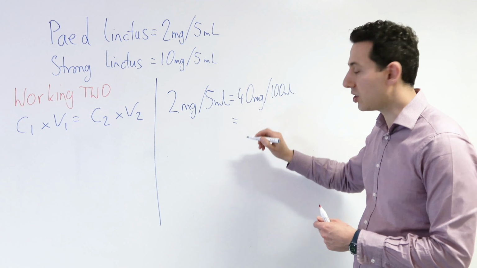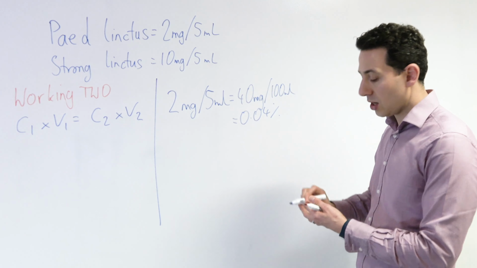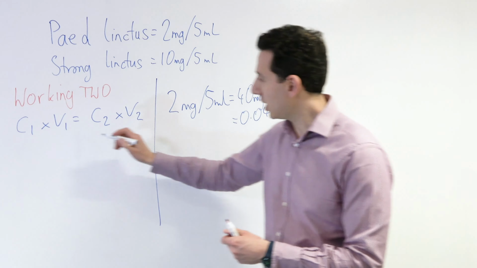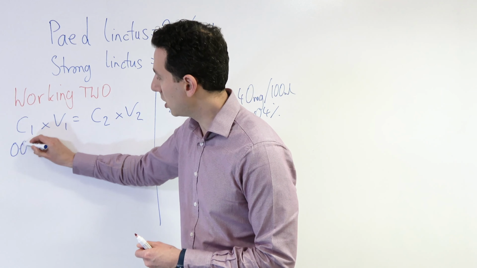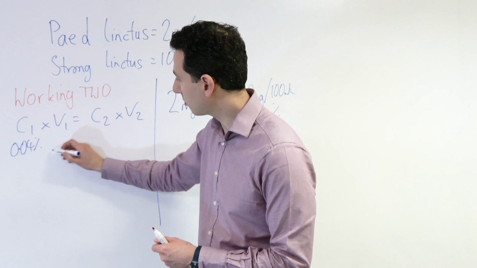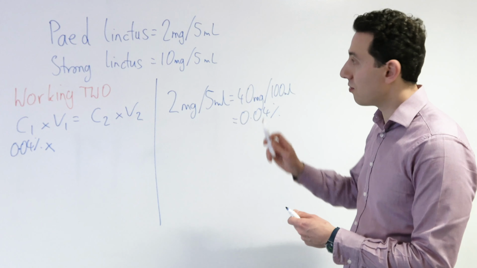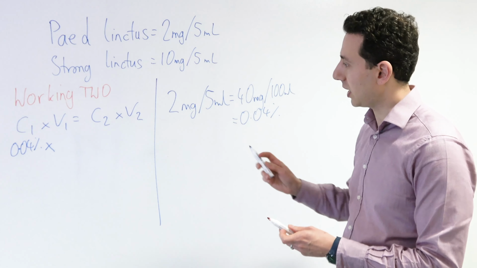And so as a percentage, that's 0.04%. So then coming back over to the other side, I know that I have 0.04% as my first concentration. And I have 150 mils of the paediatric linctus.